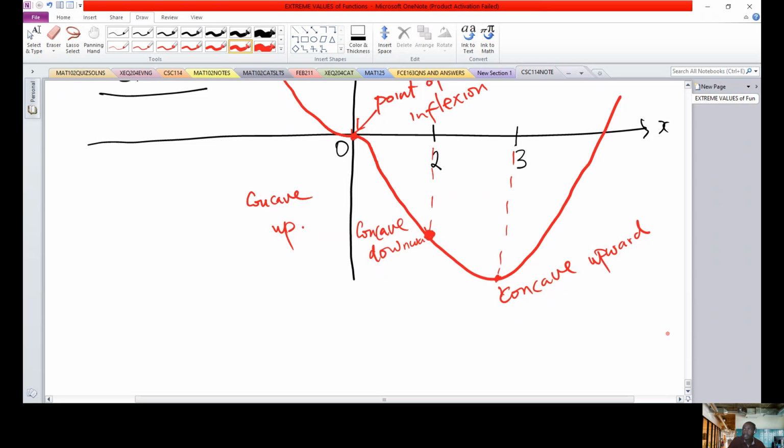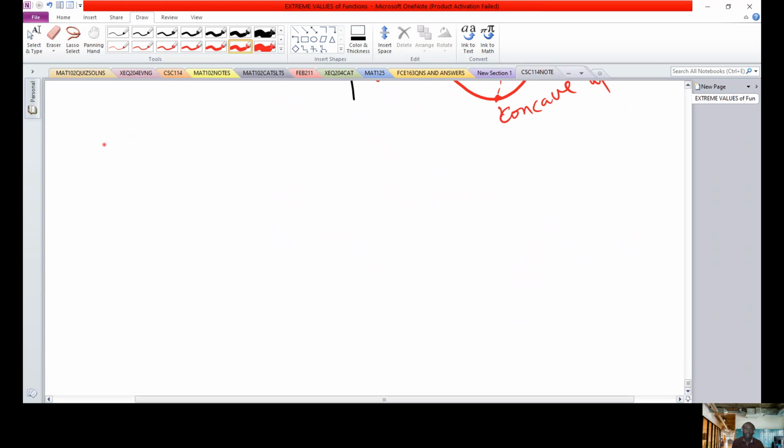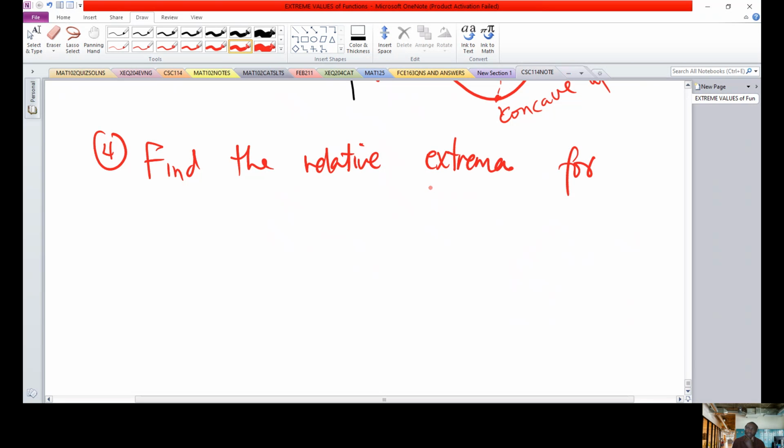So as an exercise, not really an exercise, the last example: find the relative extrema for the function f of x equals 3x power 5 minus 5x power 3.